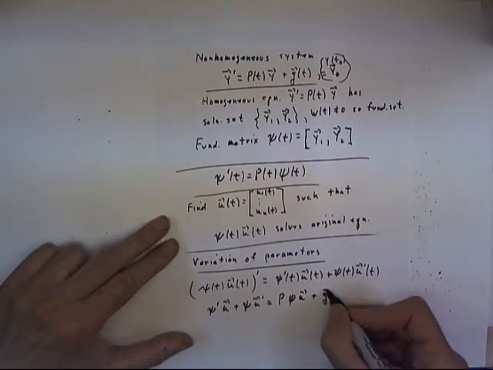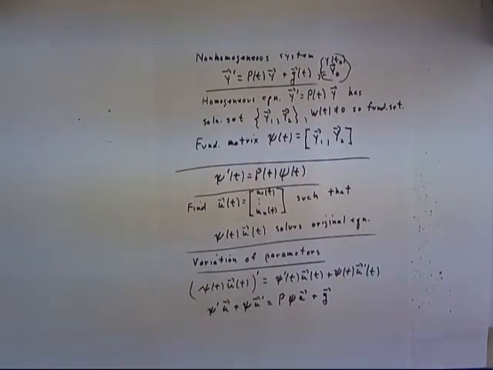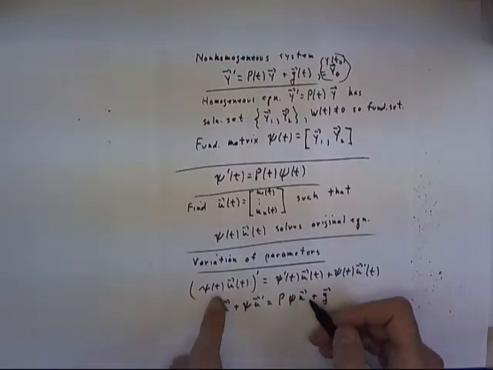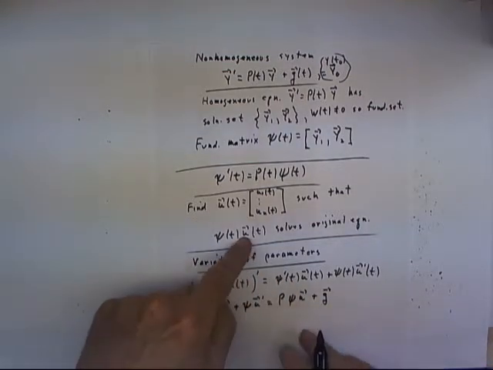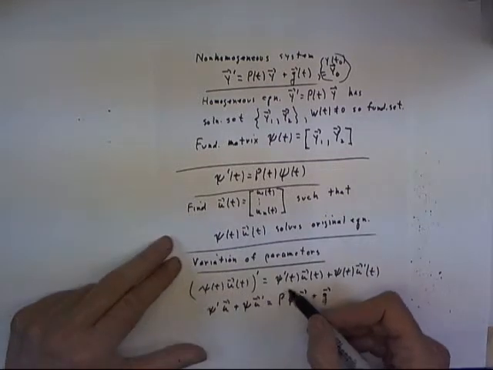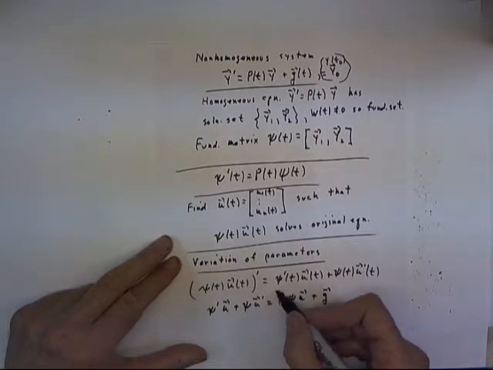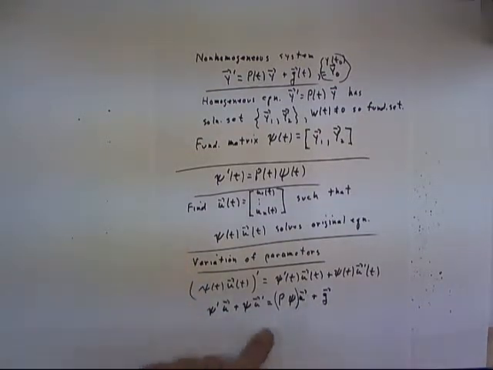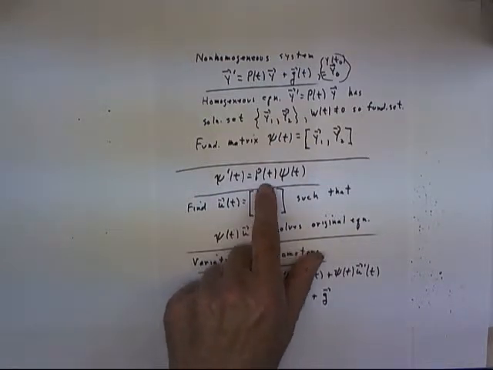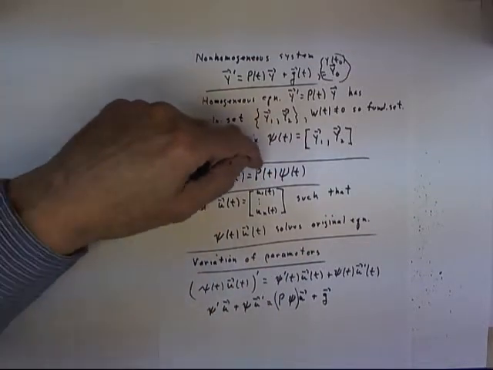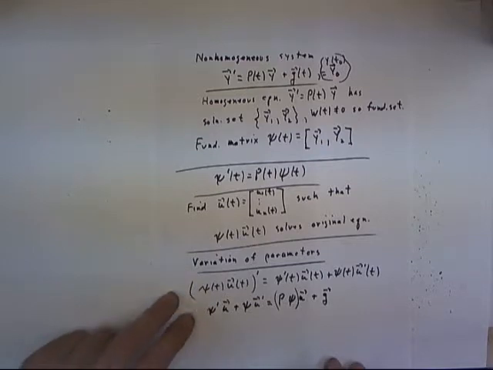Now, matrix multiplication is associative. Plugging this function into our equation, we have P times psi u, but that's the same as P psi times u. And what do we know about P psi? Well, P times psi is psi prime, because psi is a solution matrix to the homogeneous system.